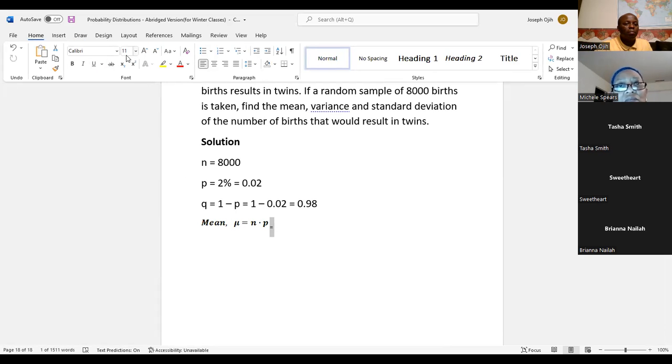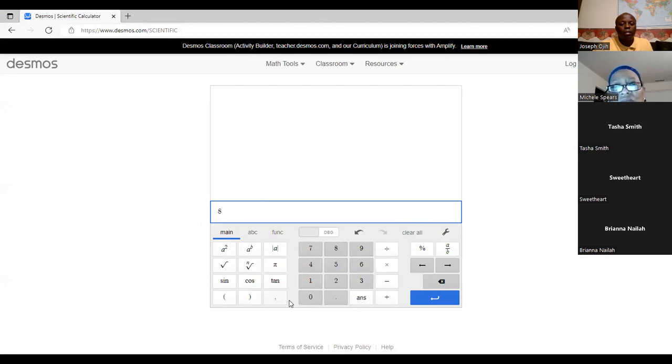That would be n times p, which is 8,000 times 0.02, equals 160.